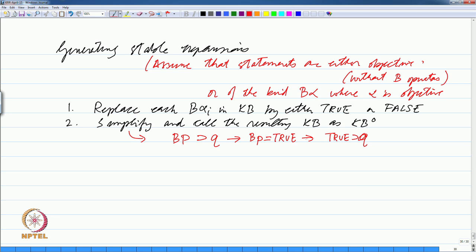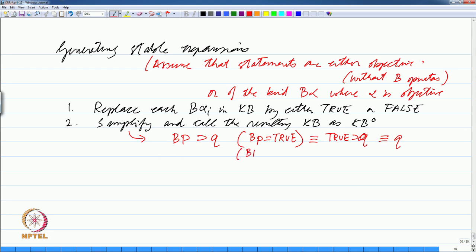So, maybe I should just put this in bracket and say is equivalent to q basically. So, if B p I am going to replace with true, then true implies q is basically q.